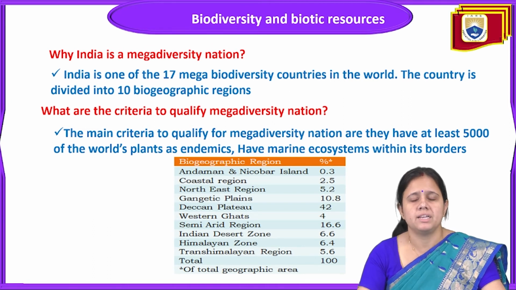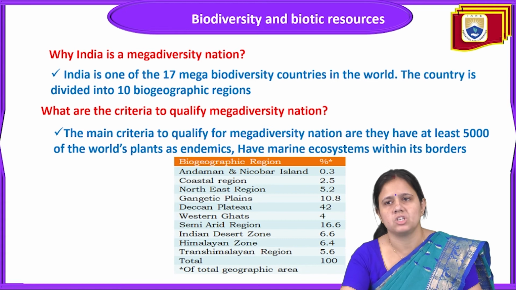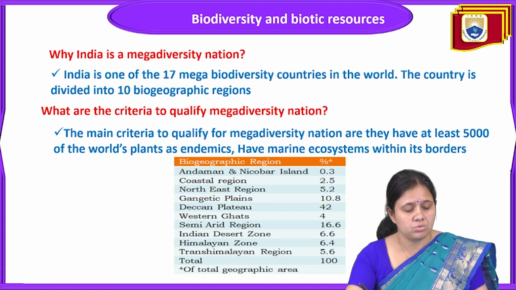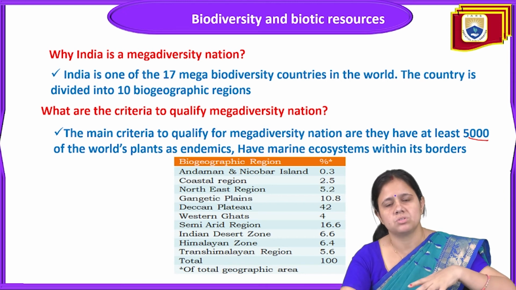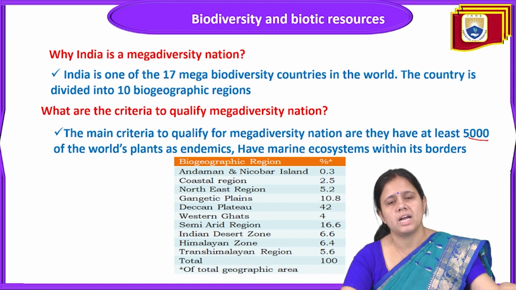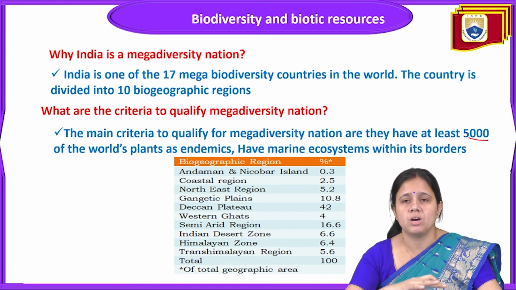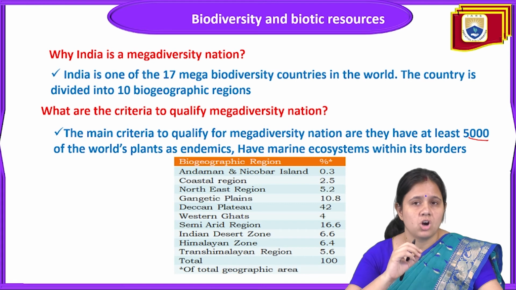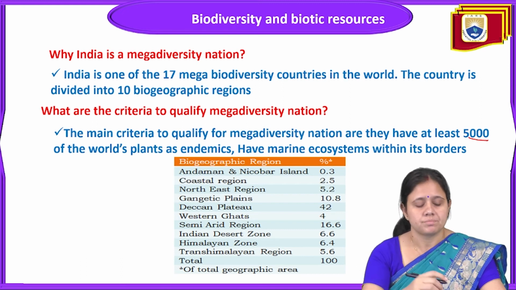And what is the criteria to qualify as a mega diversity nation? The criteria are that they have at least 5,000 of the world's plants as endemic, and they have a marine ecosystem within their own boundaries. Means at least 5,000 species of the world's plants are endemic in nature, means those species that are found at only one place belonging to a particular area.